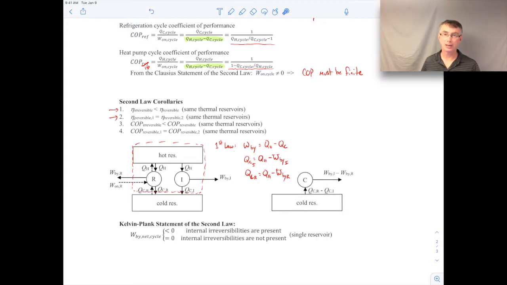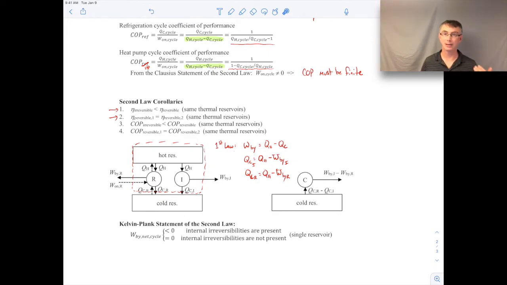So if you go back to the Kelvin-Planck statement of the second law from the last lecture, you'll see there was a statement saying that the net work done by a system over a cycle must be less than zero if there are internal irreversibilities present, or equal to zero if there are no internal irreversibilities, if you're dealing with a single reservoir.